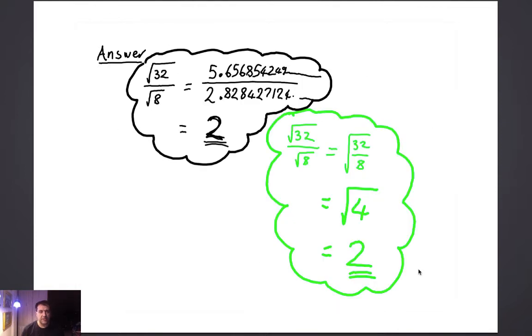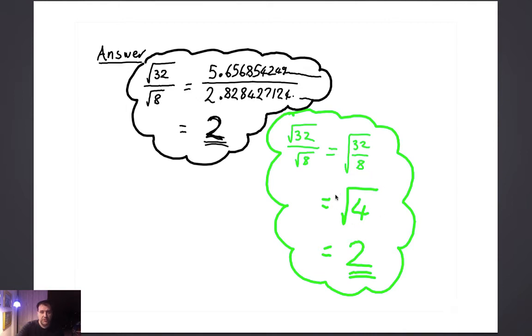Now dividing them out, root 32 divided by root 8, if you work out their decimal values and divide them out, you should get 2, or you might get 1.999 or a bit over 2 because you rounded something off, but you'll get close enough to 2. When you do it from the rules, root 32 divided by root 8 is the same as root 32 divided by 8.